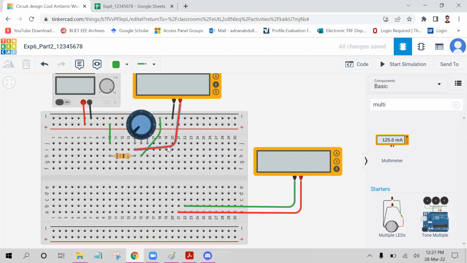Just let me move this to avoid any overlap. That's it. Has everyone understood the connection? The first terminal is connected with Thevenin. The wiper terminal is connected with the negative source. Terminal 2 is not connected with anything.